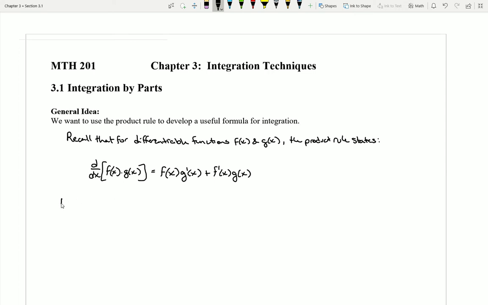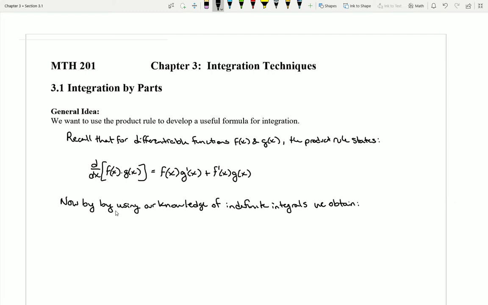So I'll start by saying this. Now, by using our knowledge of indefinite integrals, we can obtain the following.